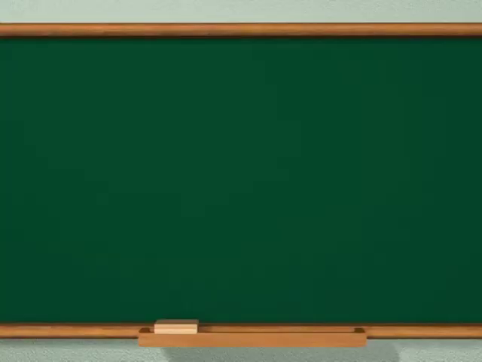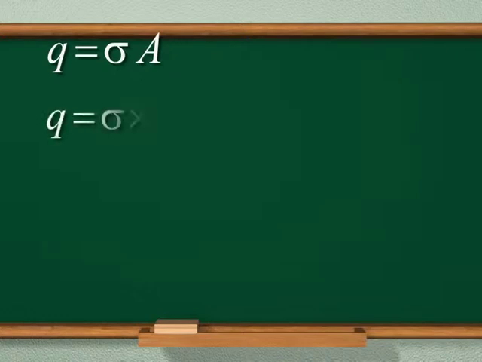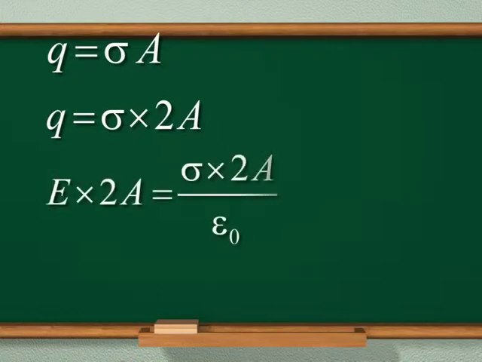Here, Q equal to sigma A is the charge on each side of the plane. Therefore, the Gaussian surface will include a charge Q equal to sigma into 2A. Therefore, we have E into 2A equal to sigma into 2A by epsilon naught. Simplifying this, we get E is equal to sigma by epsilon naught.